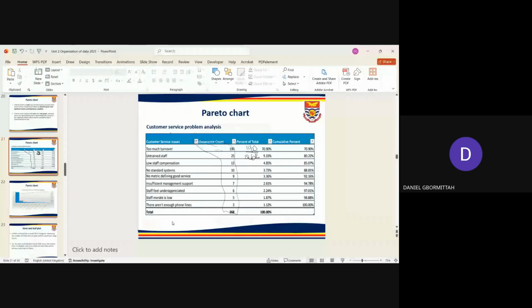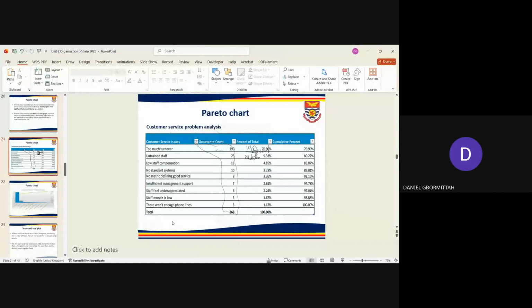Then you multiply by 100, because we are converting to a percentage.